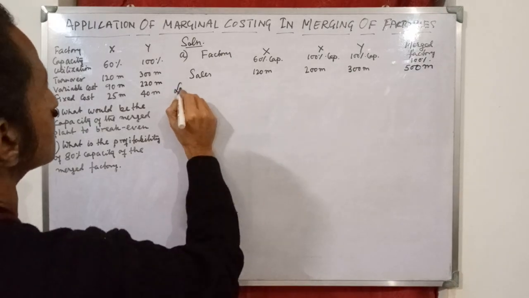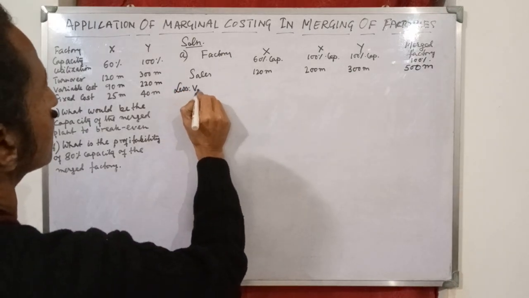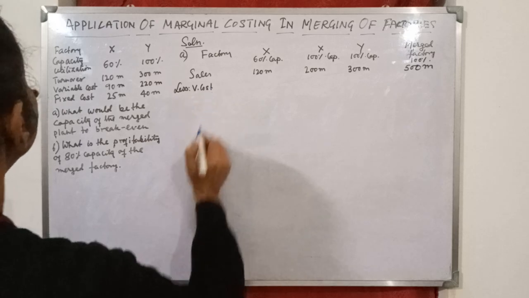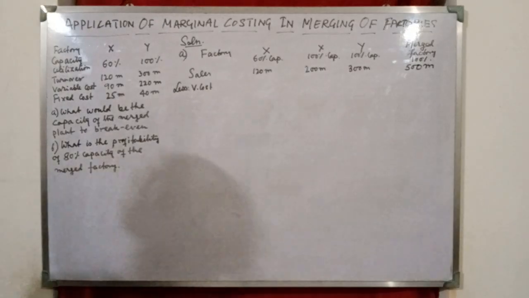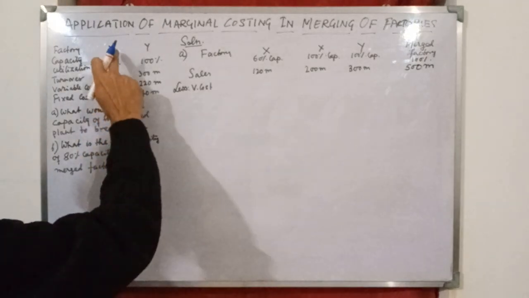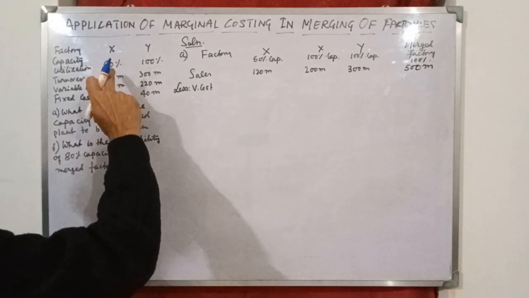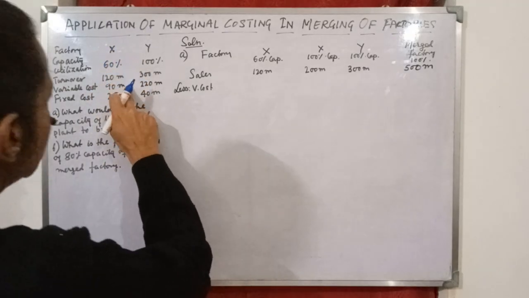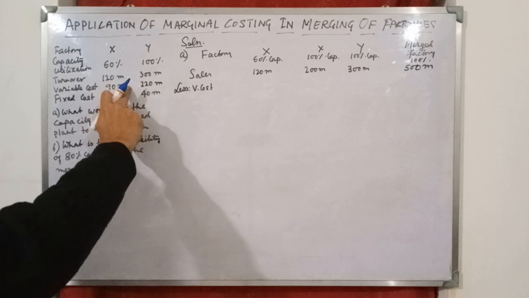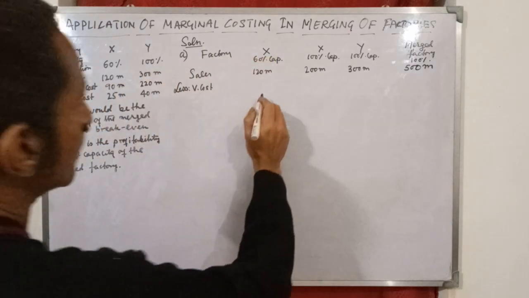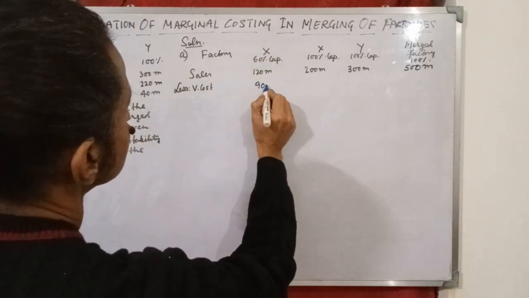Less variable cost. What is the variable cost? For 60% capacity of factory X it is 90 million. So what would be the variable cost for 100% capacity?